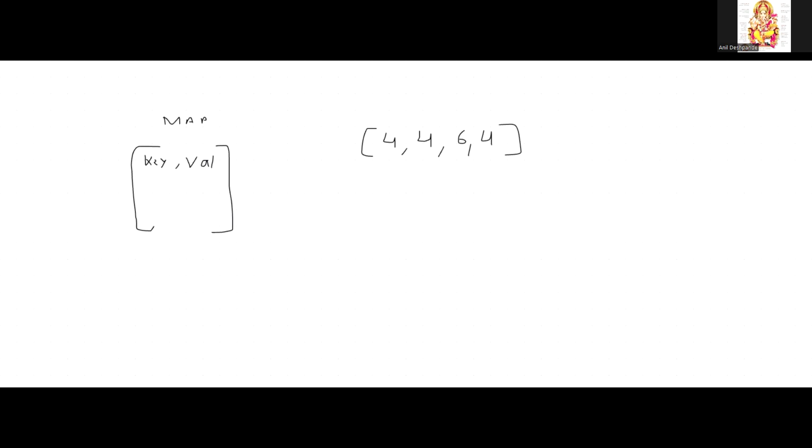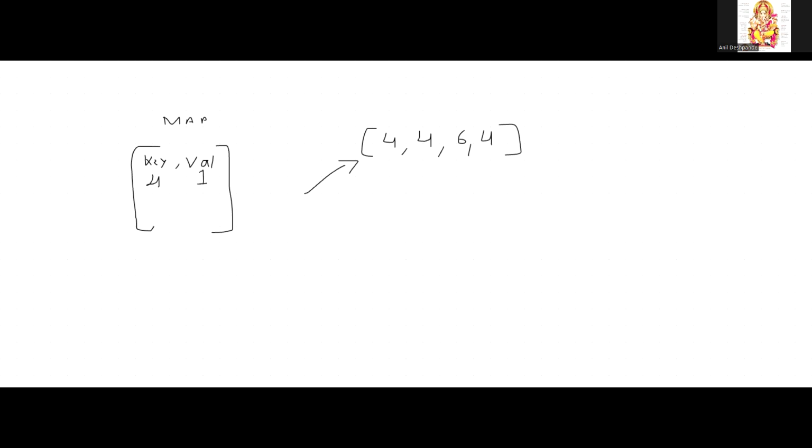Now first time, I'm going to pick up the first element here, and then we are going to put that as the key. But before we put that as a key, we're going to check, when I pick this, is the map already having a key with 4? If it is not having 4, I'll put that as 1.